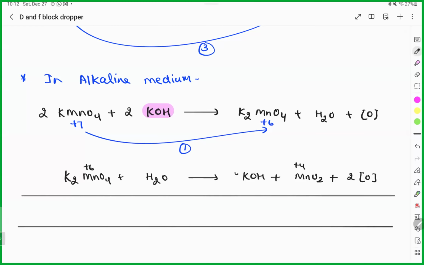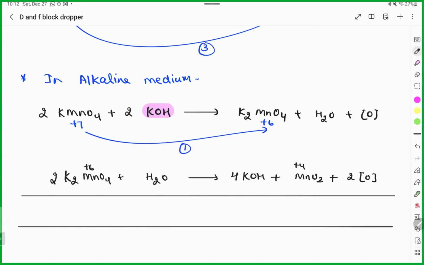K2MnO4 is balanced. Manganese is balanced. Oxygen: 5 on the left-hand side, 2, 2, 4, 6 on the right-hand side. If you make it 2, then it will be 4.